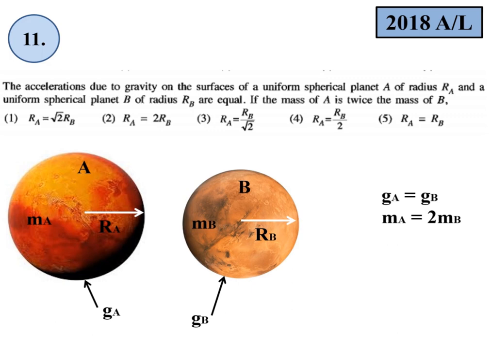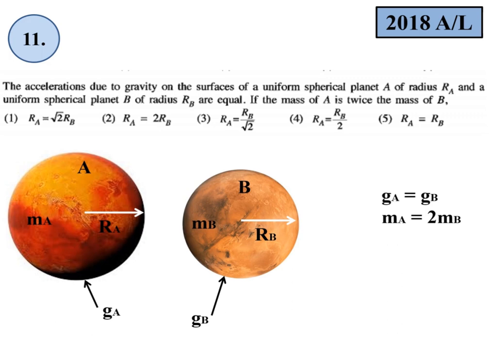The acceleration due to gravity on the surface of these 2 planets is GA and GB, and the data says those 2 values are equal, so GA equals GB. They also give a comparison between the masses: MA is twice the mass MB. You can jot down this comparison, which will be very important when doing this sum.